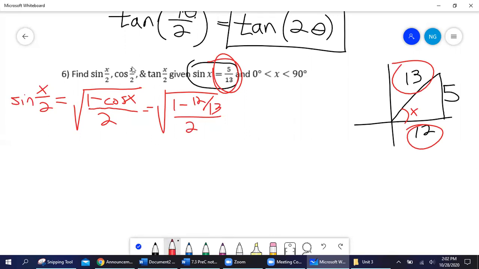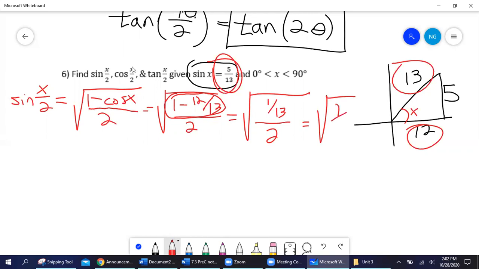And again, multiple ways you can simplify this down. If you combine the numerators, or combine it into a single fraction, I guess, you'd have 13/13 minus 12/13. So that's going to be 1/13 all over 2. Multiplying by the reciprocal, you'd have the square root of 1 over 26.